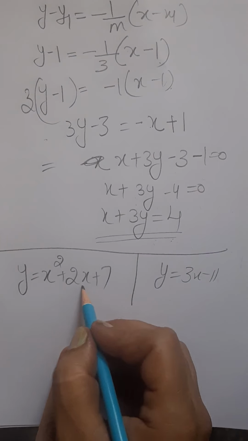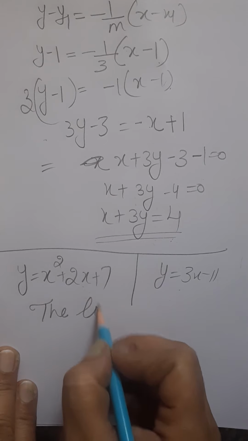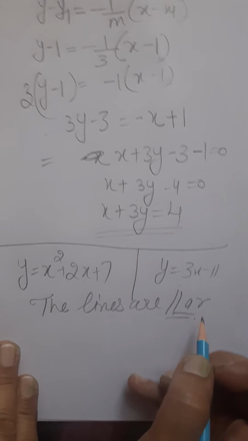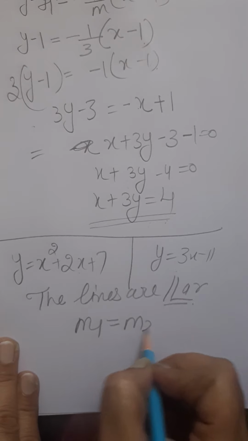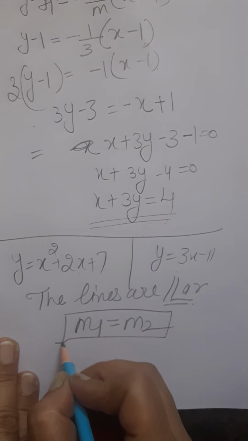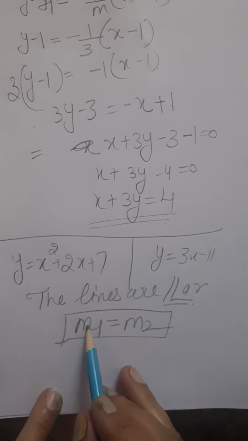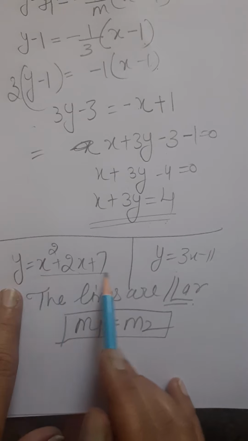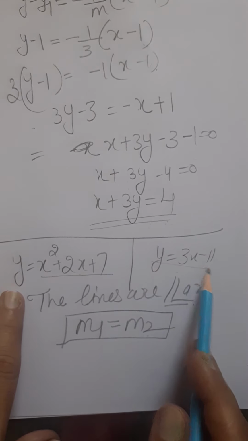And if it says these lines are parallel, then for the condition of parallel we write m1 is equal to m2. This is the main condition of parallel lines. When two curves are parallel to each other, we apply m1 is equal to m2. Now, what are m1 and m2? m1 is the derivative of this equation, and m2 is the slope of the straight line.